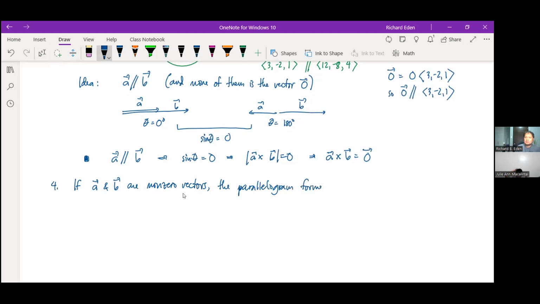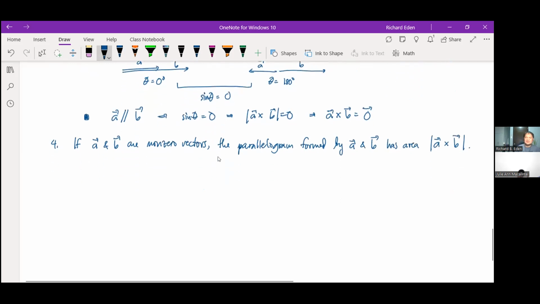If A and B are non-zero vectors, then the parallelogram formed by A and B has area given by the length of the cross product. Okay, the proof of this.